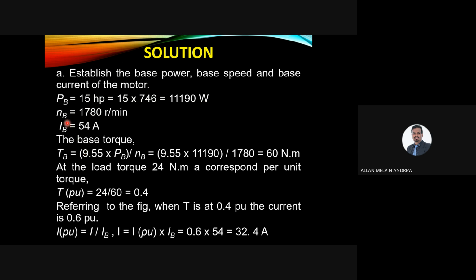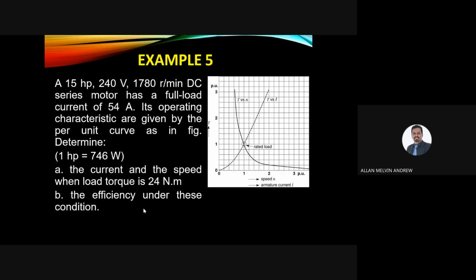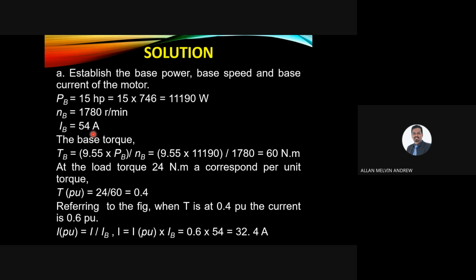The speed in RPM is given as 1780, and the base current IB is 54. Now we want to calculate the base torque. Base torque is 9.55 times PB over NB, so 9.55 times 11190 over 1780. So the base torque is 60 Newton meter.